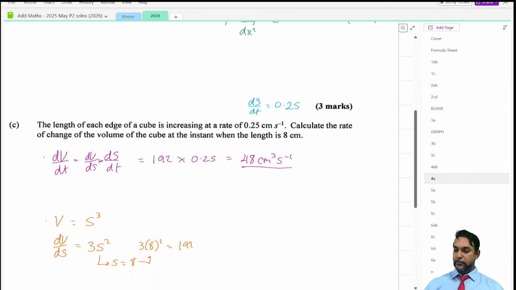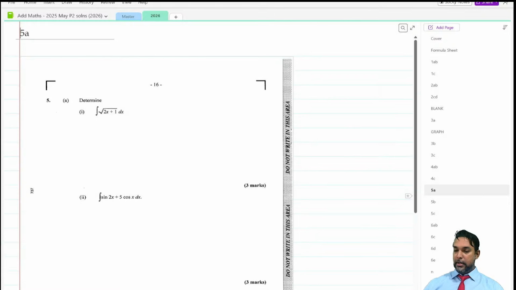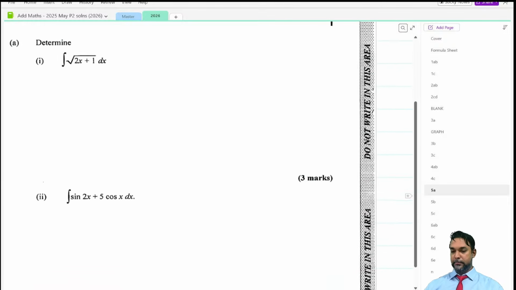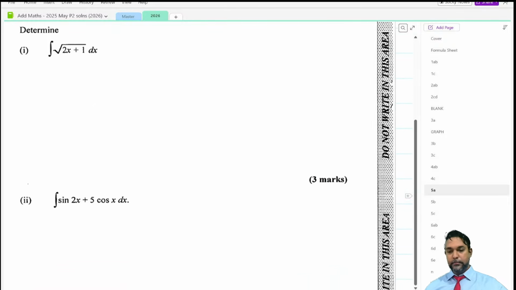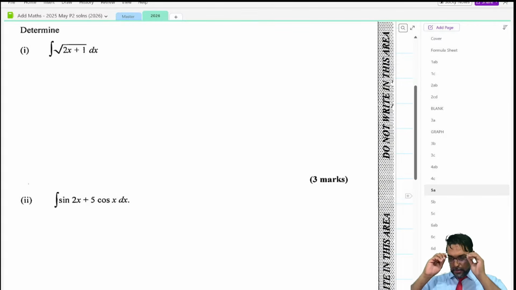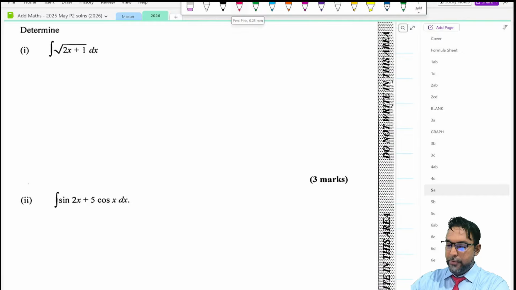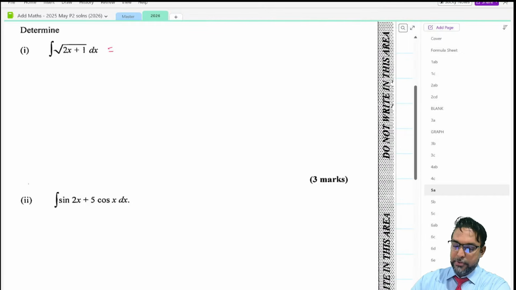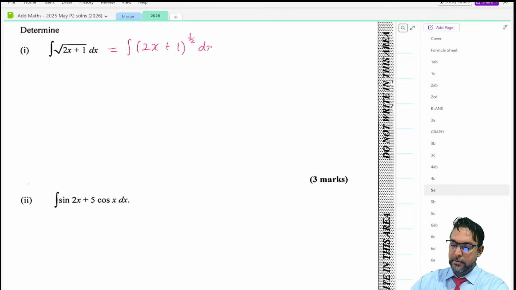All right. Okay. Integration, boy. The first thing I would do on the top here is re-express this using an index. So I would put this as (2x+1) to the power of a half dx.